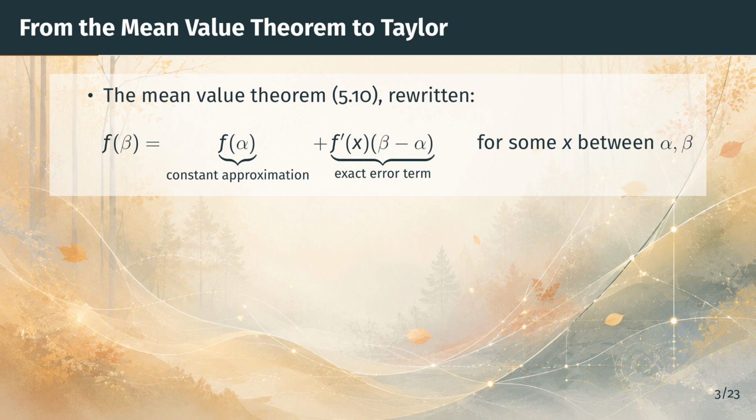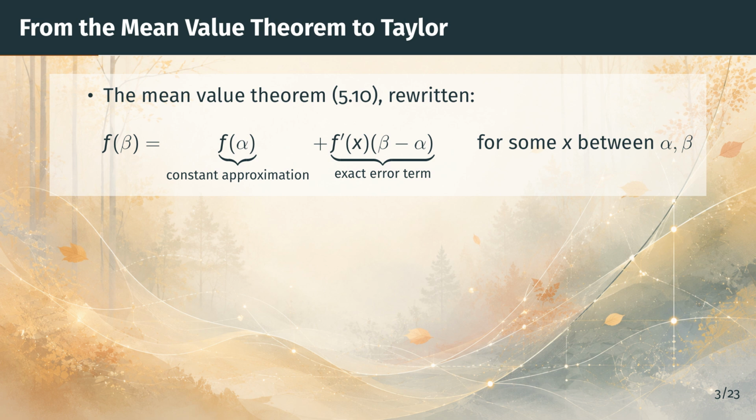Let's start from something we already know. The slide shows the mean value theorem, Theorem 5.10, rewritten in a suggestive way. f of beta equals f of alpha plus f prime of x times beta minus alpha, for some x between the 2 points.